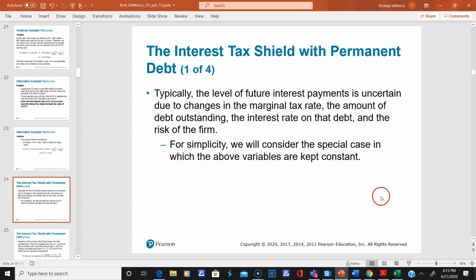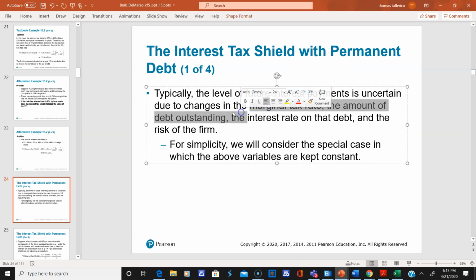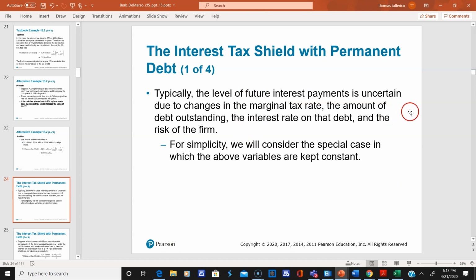All right, so we're now talking about permanent debt. Typically, the level of the future interest payments is uncertain due to changes in the marginal tax rate. We all know the marginal tax rate always changes, right? In fact, Trump changed it, right? I think he made it 22% or something now.